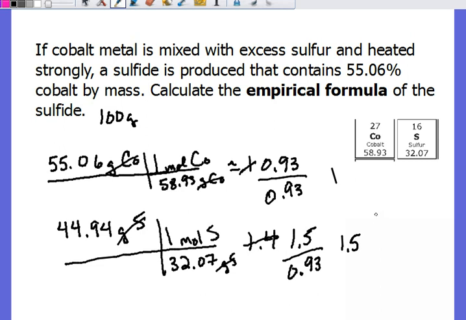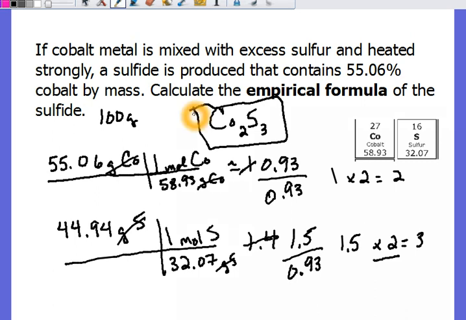So when you're putting your formula together, this is not a whole number, so you can't put 1.5 sulfurs. But if you double that, you can put 3 sulfurs, right? You have to have a whole number. But if you double this, you have to double this. So your formula actually ends up being Co2S3. So that becomes your formula for this cobalt sulfide.